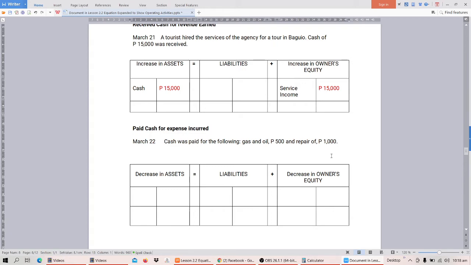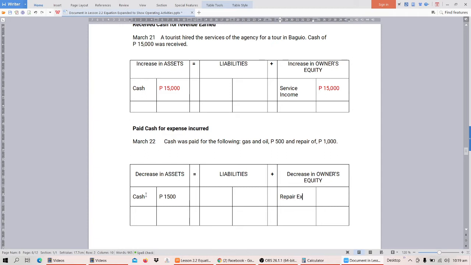So what would happen? There would be a decrease in your asset. Okay, so how much would be decreased in cash? Should be 500 plus 1,000, that is 1,500. And liabilities 0. At the same time, there will be a decrease also in your owner's equity by the account of repair expenses.